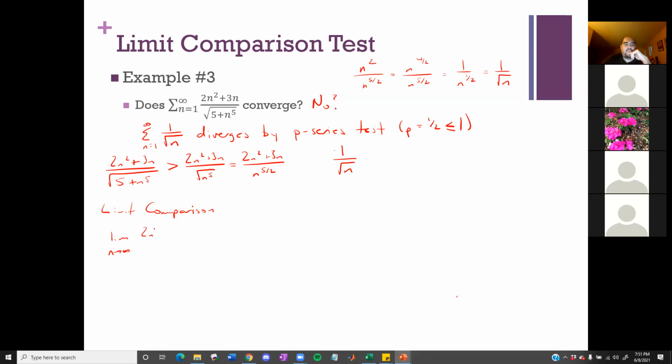So I'm going to find this limit: 2n squared plus 3n over the square root of 5 plus n squared, all over 1 over radical n.